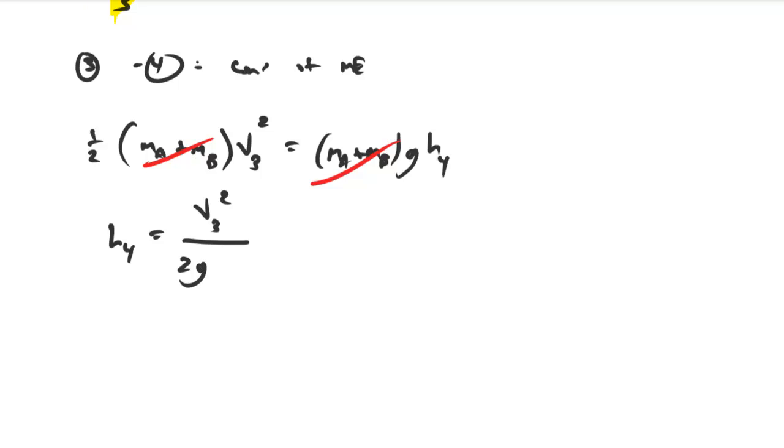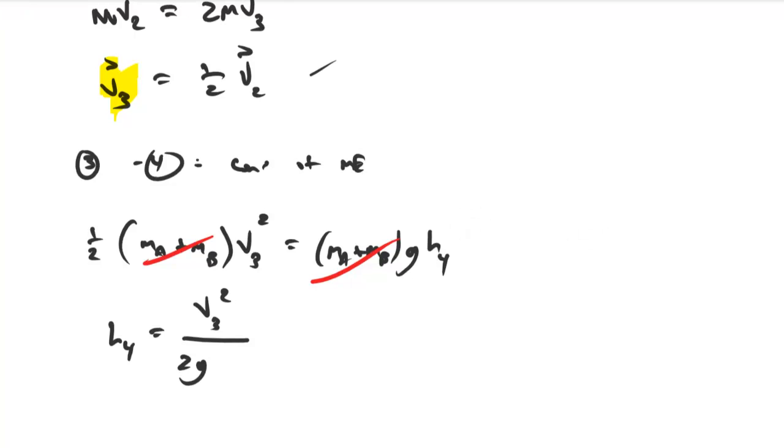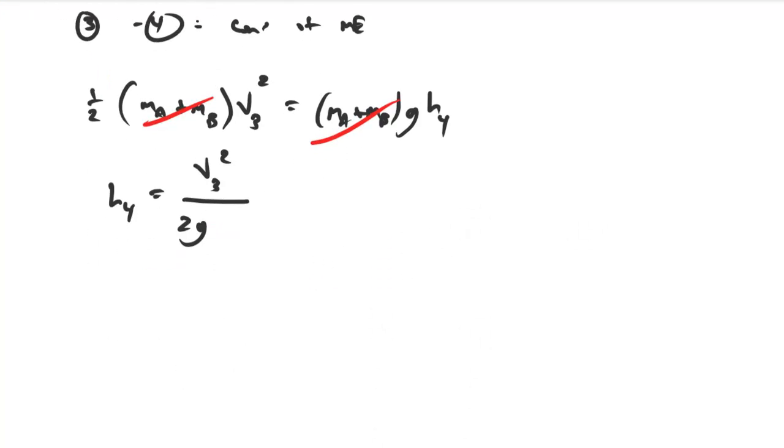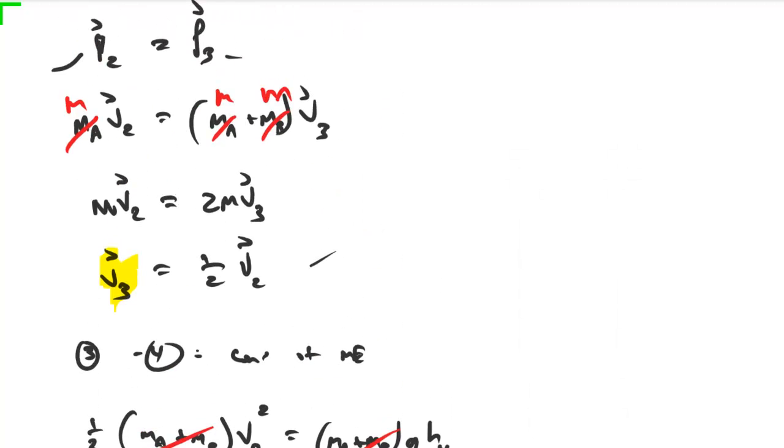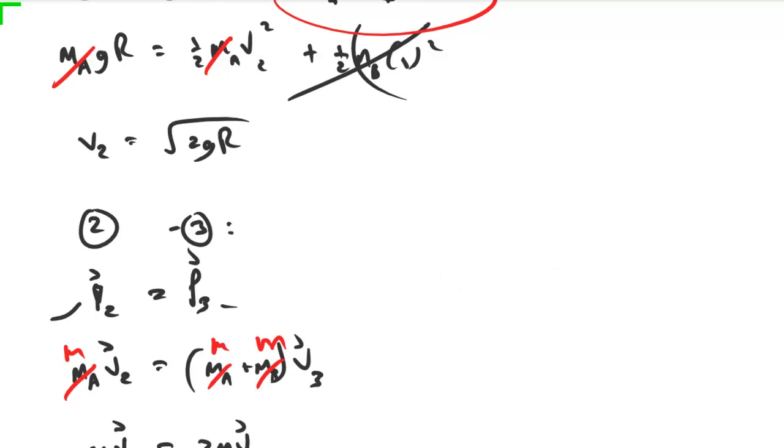And of course let's write out what V3 is. So V3 was 1/2 V2, so this is equal to 1/2 of V2 squared over 2g. So height 4 is equal to 1/4 of V2 squared over 2g. But V2 was the square root of 2gr.